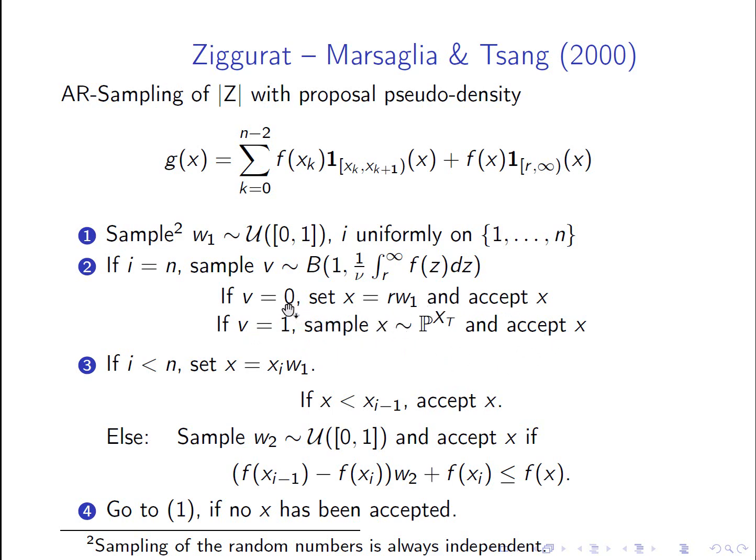And if not, then we can just compute r times w1 and accept this as a sample from the absolute value of Z. Okay, and this explains why we have constructed R1 up to Rn with equal probability.